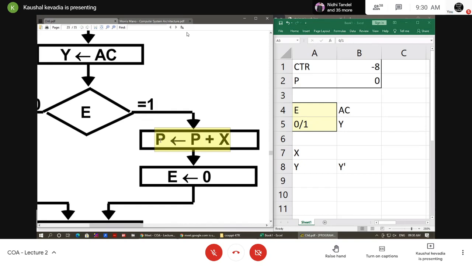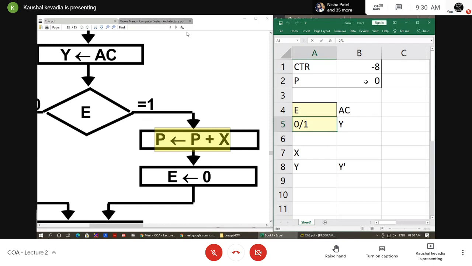My partial product, initially, was 0. Now in this partial product I have to write p plus x. Why are we doing the addition?